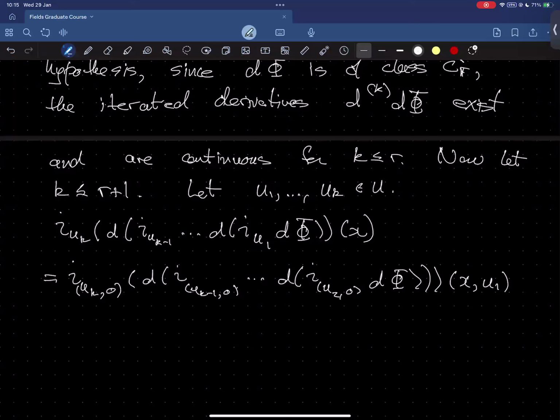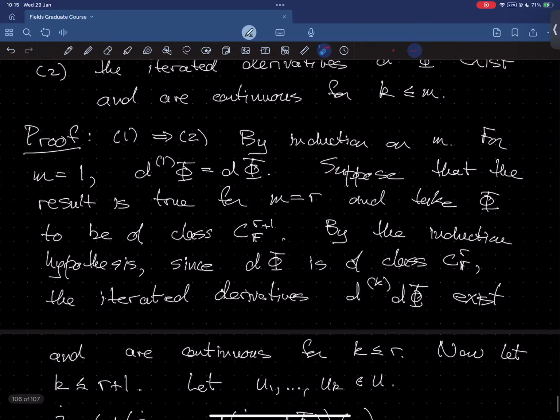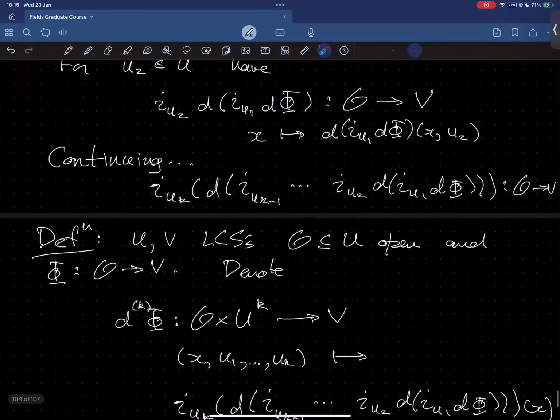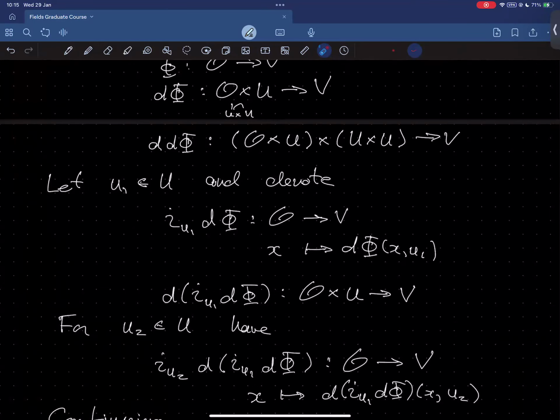The easiest way to understand this formula is to go not from here to here, but from here to here. What I'm doing is I have this function d phi of two variables, x and u1, and I'm doing exactly the construction I did up here, but not to phi, but to d phi.